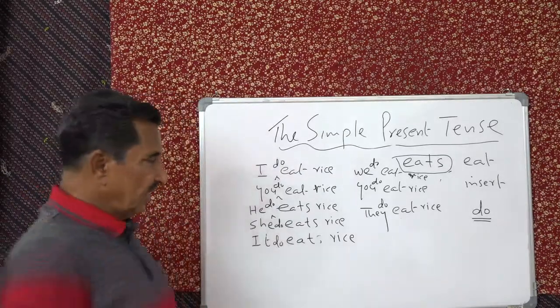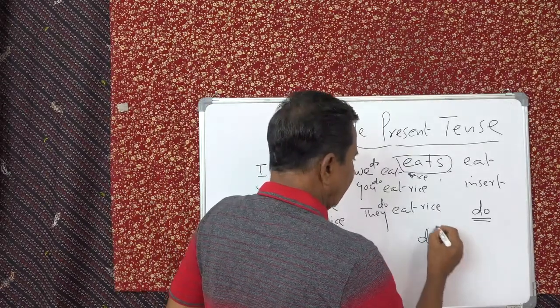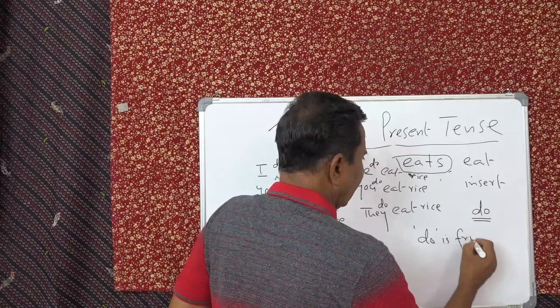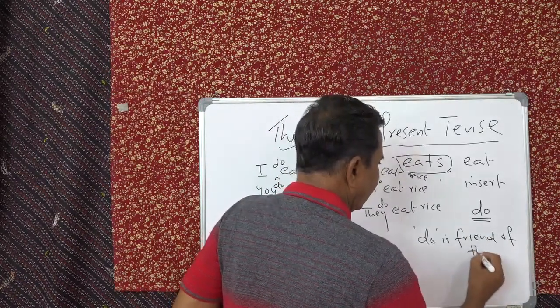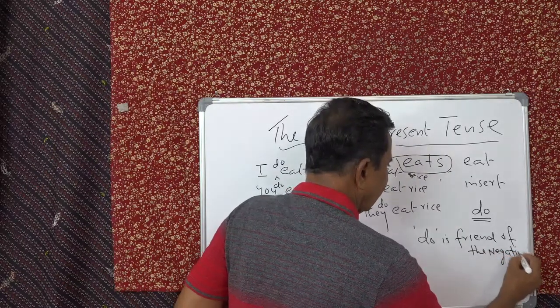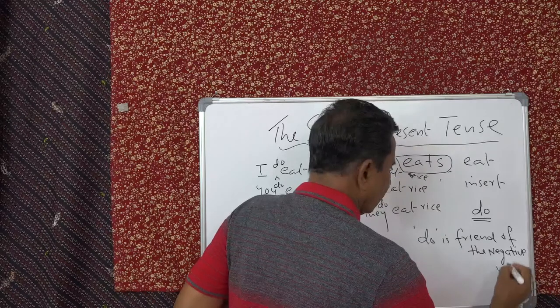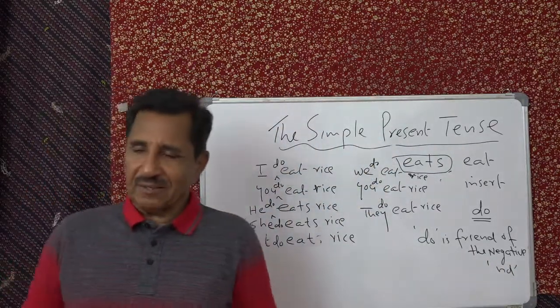F-R-I-E-N-D. The word do is a friend, friend of the negative particle not. They are friends. They go together.